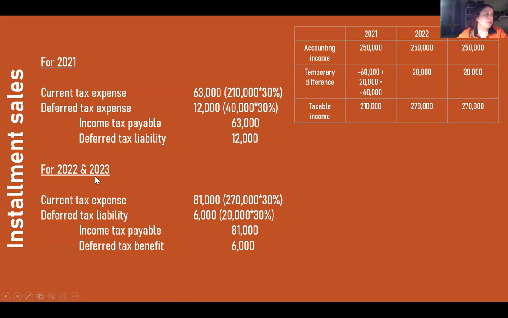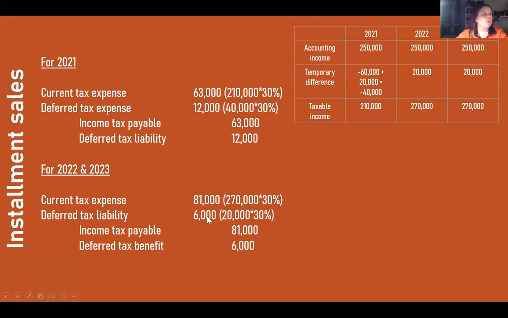For 2022 and 2023, you're first going to calculate your current tax expense, which is 270 times 30%. And then here, the $20,000 is added to your income, which means that it's reducing your liability.